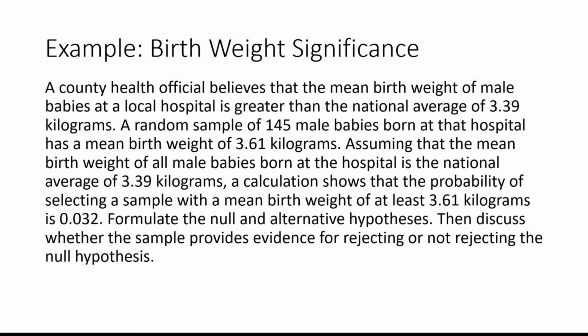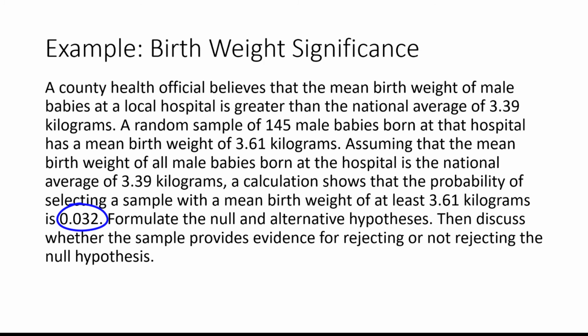Assuming that the mean birth weight of all male babies born at the hospital is the national average of 3.39 kilograms, a calculation shows that the probability of selecting a sample with a mean birth weight of at least 3.61 kilograms is 0.032.